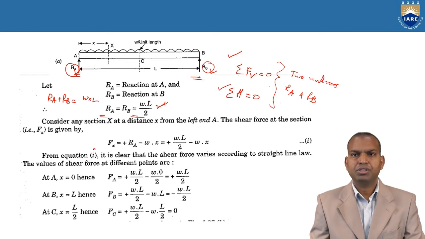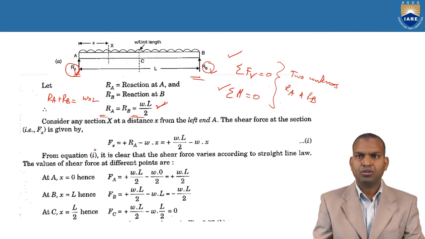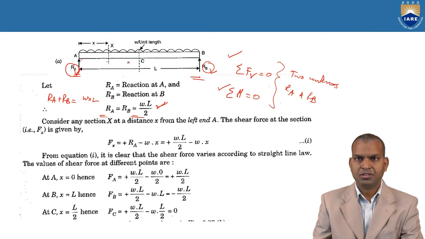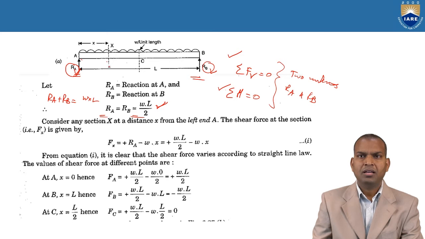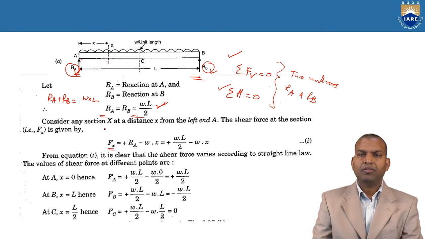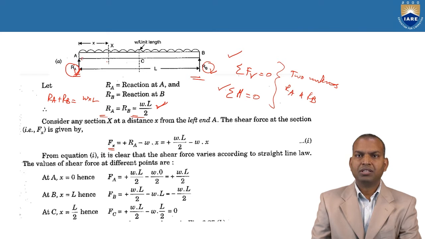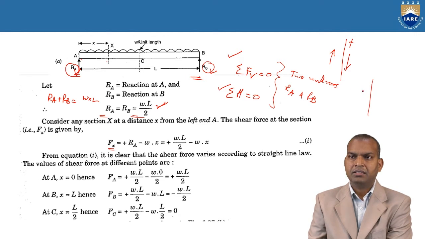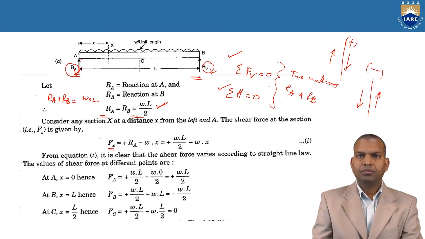Now we have to find the shear force at a distance x. Why at a distance x? Because there are no concentrated loads acting in between, but UDL is acting, so we consider how the UDL varies at a distance x. Fx equals the reaction at point A. This is the positive shear force sign convention, and this is the negative.